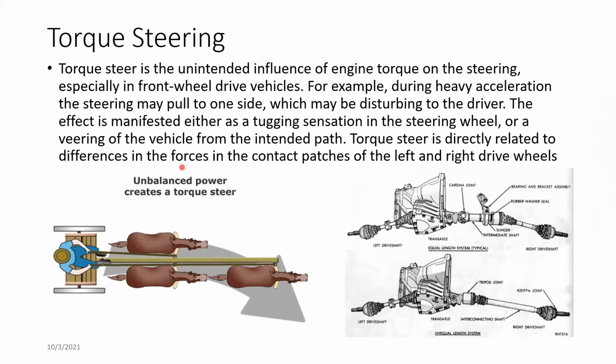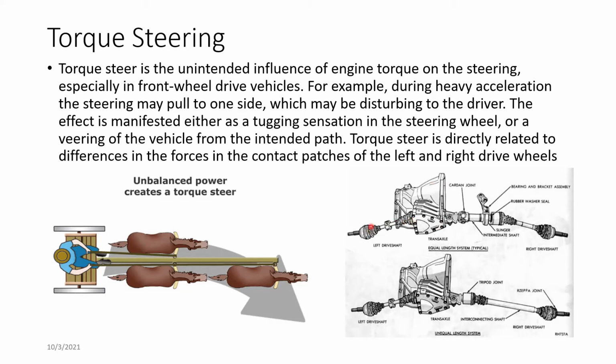Torque steer means, as I told you in the transmission module, because the transmission is to one side of the steering, right? This ended up creating sort of a torque effect.